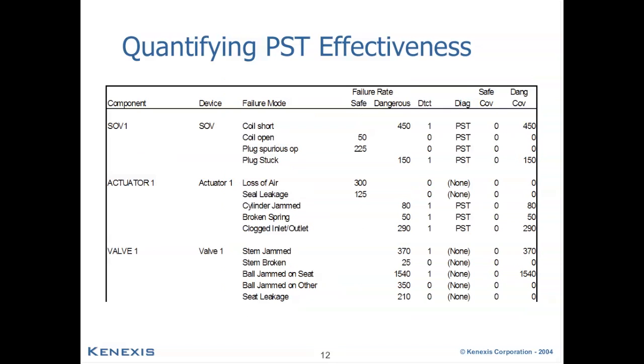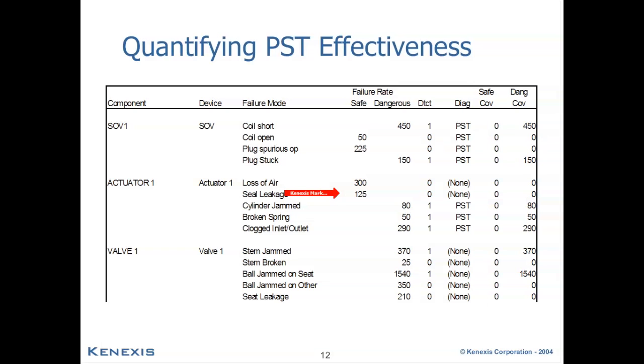Now, after you've put in all of the failure modes, you assign them to safe and dangerous. We talked about all these. And if you look, there are very few failure modes on a valve system that are actually safe.